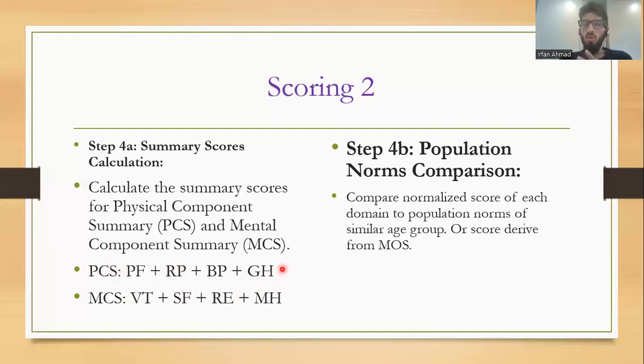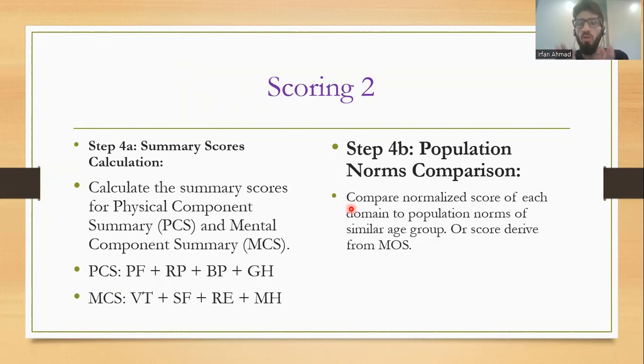Okay, so this is actually effective if you want to do a specific intervention and you want to see the intervention effect on the quality of life. Then the 4B, this is another type of scoring depending on your research question, on your research objective.